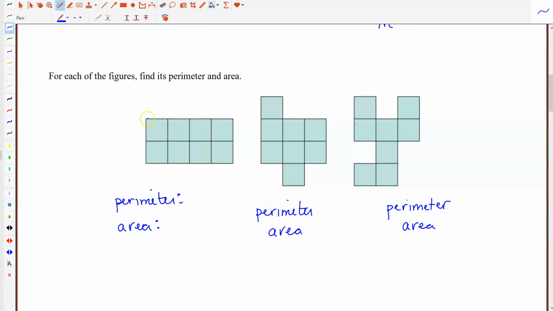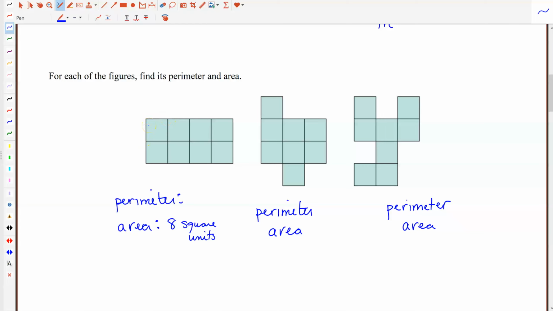Now I don't actually know how long these are. We weren't told that this was measured in inches or meters or anything like that. So we're just going to talk about everything in terms of generic units. So the area of this figure would be 8, and we would say 8 square units. Okay, so 8 squares, and each square is 1 unit by 1 unit big.